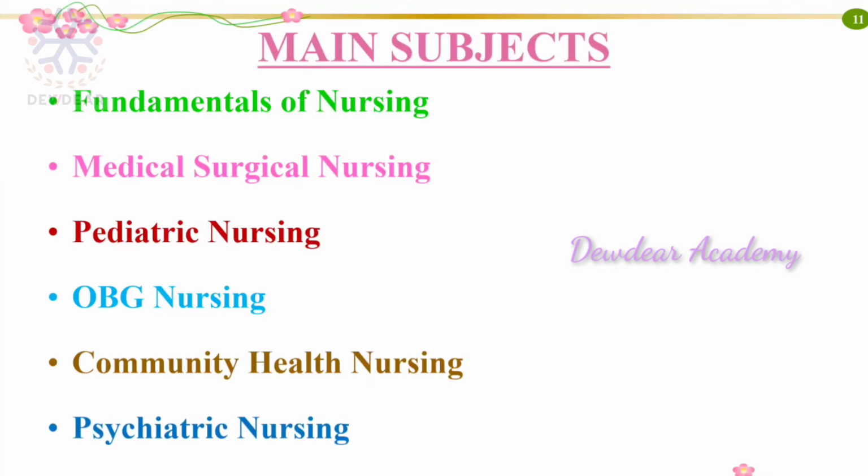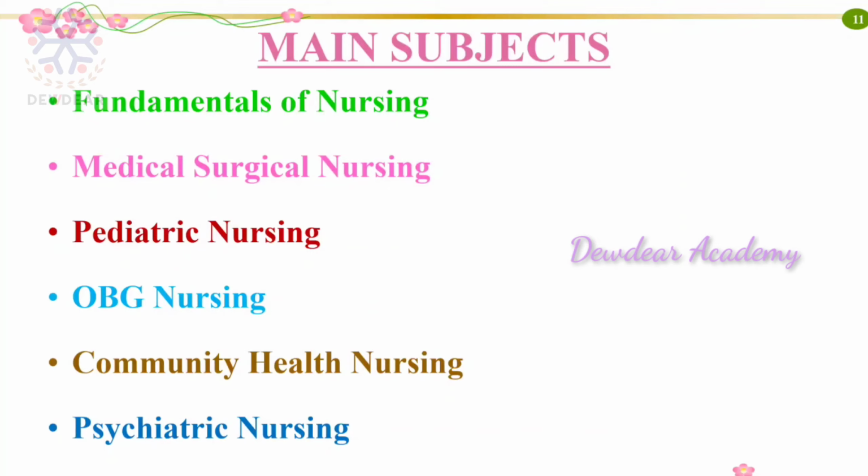Then drugs in psychiatry are important, and different treatment modalities, non-pharmacological treatment modalities, then community psychiatry and psychiatric emergencies, all these are important topics in psychiatric nursing. So these are the main subjects.